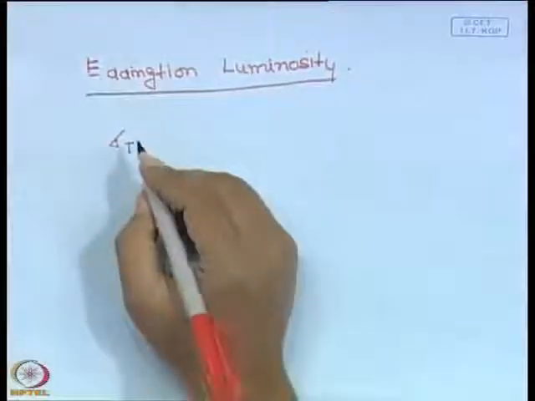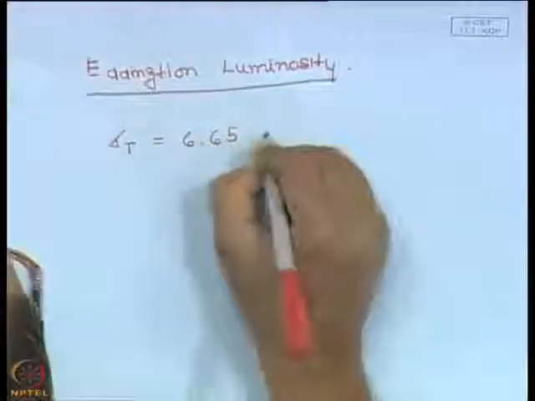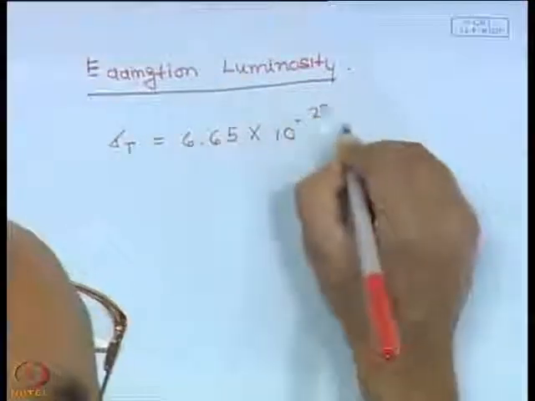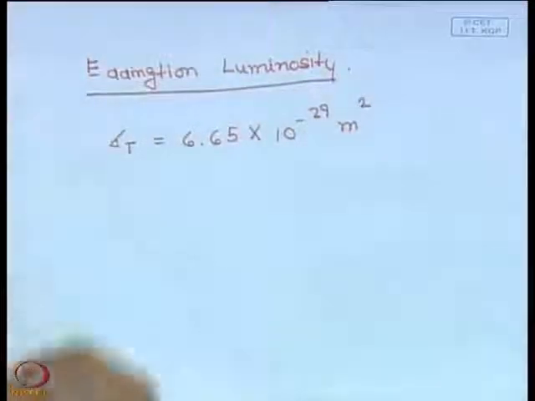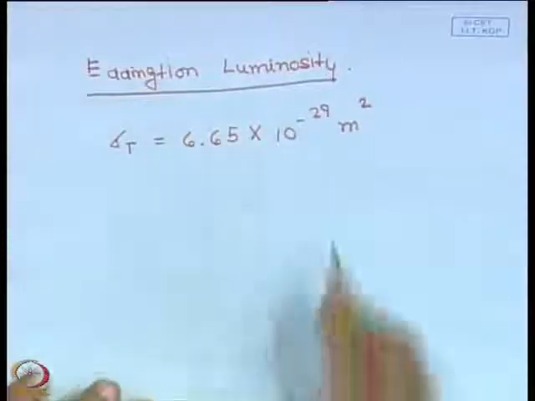The value is 6.65 into 10 to the power minus 29 meter square. For an individual hydrogen atom, the electron essentially is what does the Thomson scattering.